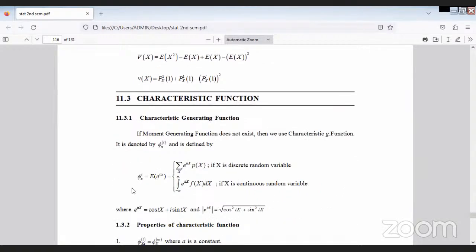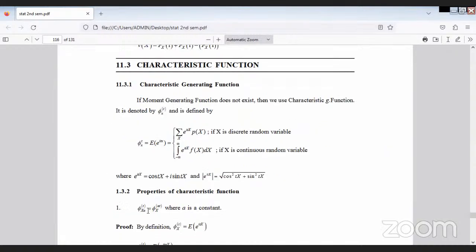Then characteristic function we are taking here. Moment generating function does not exist, then we use characteristic function. It is denoted by phi_X(t). It is defined by summation for a discrete random variable, or integration for a continuous random variable. So phi_X(t) is equal to E(e^(itX)). Summation of e^(itX) when X is a discrete random variable, integration from minus infinity to infinity when X is a continuous random variable.